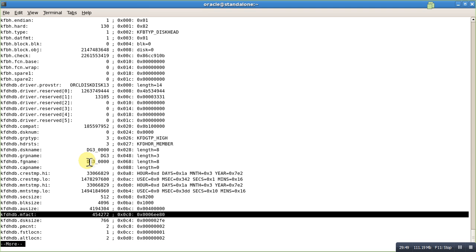Each allocation table block is holding 448 entries, then 1000 into 448 is nothing but 454,272 allocation units that can be addressed in this allocation table with a 4 MB size.